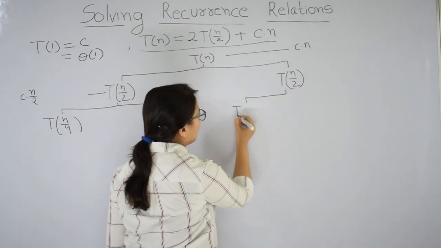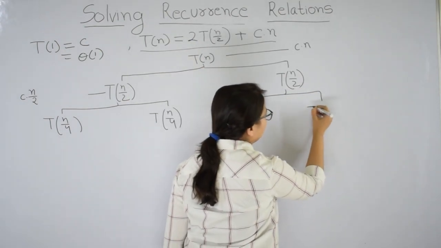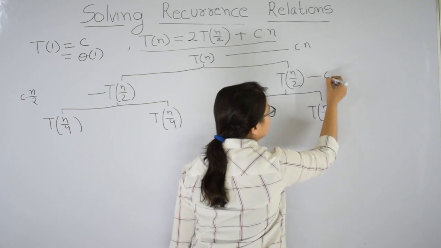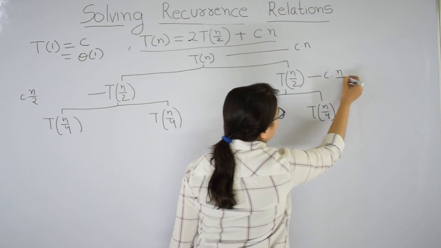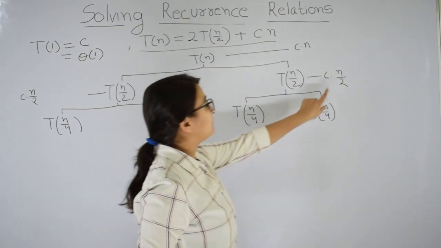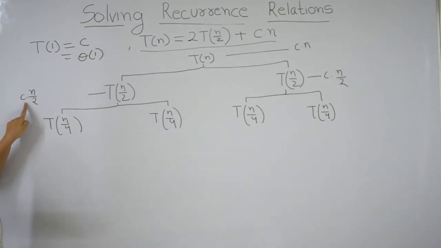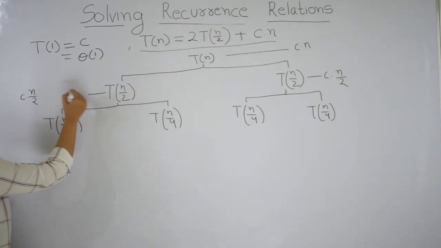This will be T of n by 4, T of n by 4, and this will be c into n by 2. So we have c into n by 2 over here and c into n by 2 over here, and c into n by 2 is occurring twice at this level of the tree.